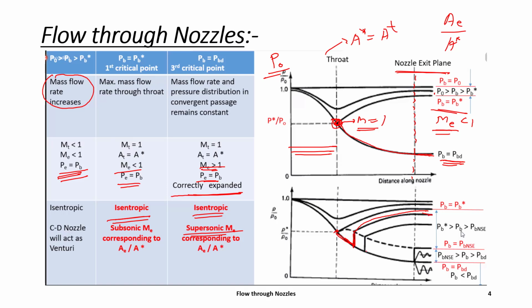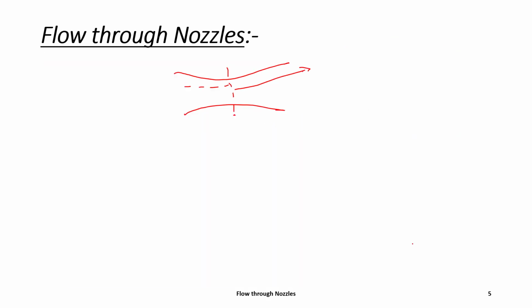This happens till the normal shock wave reaches the exit. At that point it is called the second critical point.